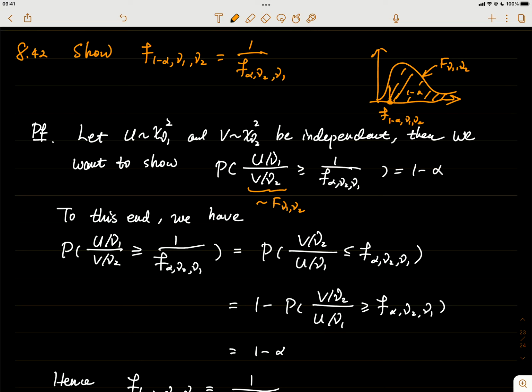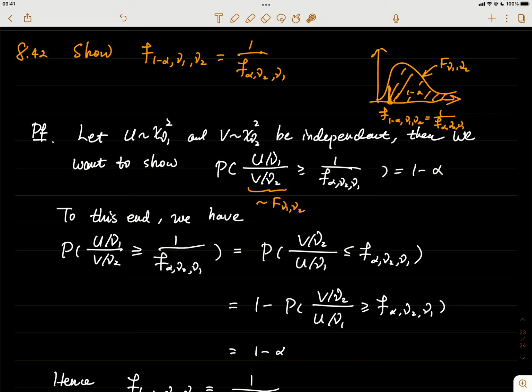We actually want to show that this value is nothing but 1 over F(alpha, nu2, nu1). To show that, we just need to show the probability that this random variable is bigger than this value is still equal to 1 minus alpha, and that identifies this number and this number.